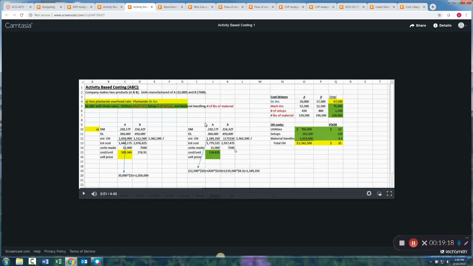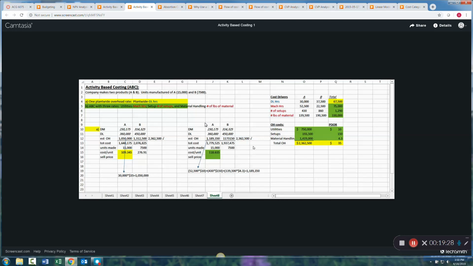And part of the illustration was that if you break down the production process into activities, each with its own cost driver, we ultimately might be able to get better cost data. And better cost data is power to you in terms of determining whether you can be profitable or not in that industry. So it all just helps us to get a better idea of what the cost is of what we're providing.